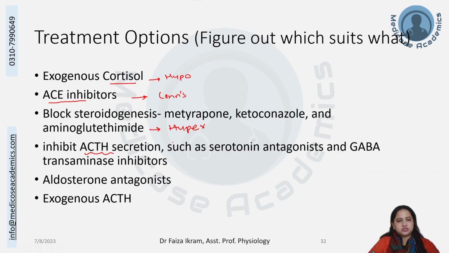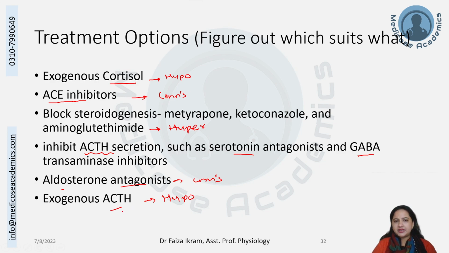Inhibit ACTH secretion. How can it be done? If there is excessive ACTH, these serotonin and GABA inhibitors can lead to decreased production. Aldosterone antagonist. If there is Conn's syndrome, again, these can be antagonized at the receptor level. Exogenous ACTH in case of hypoproduction of adrenal cortical hormones.